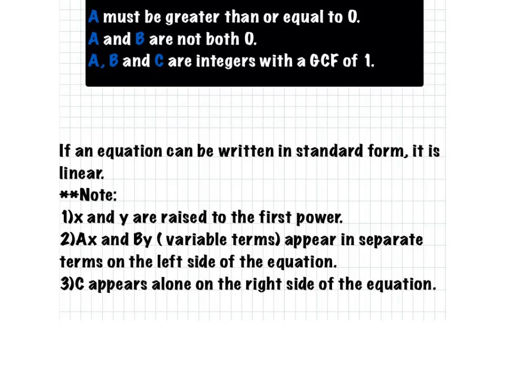Their exponent on the variable is 1. Notice that ax and by, the 2 variable terms, appear in separate terms on the left side of the equation. And number 3, notice that c, the constant term, appears alone on the right side of the equation. This is standard form.